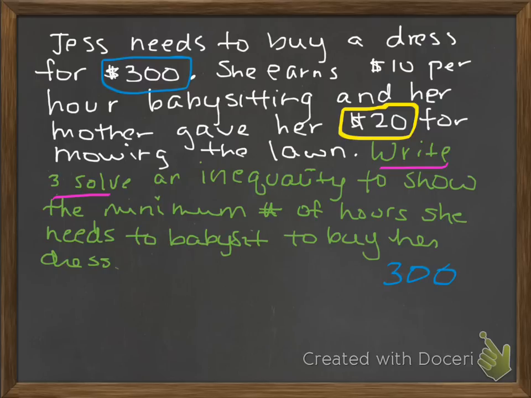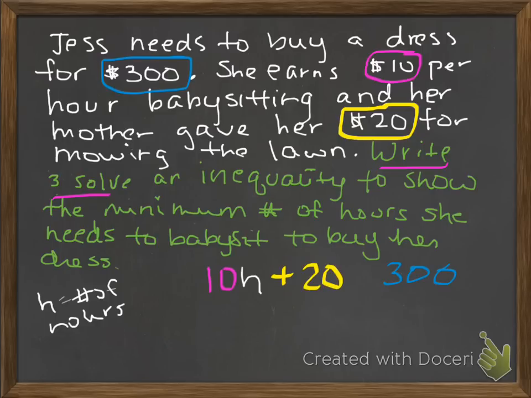So when she combines her hours of babysitting, let's actually think about that too. H is going to be the number of hours that she babysits. So off to the side, you just want to define that for yourself. She babysits for so many hours, and she makes $10 per hour. We got that from right here, $10 per hour, plus she has some money from her mom, so plus that $20 she has from mowing the lawn.